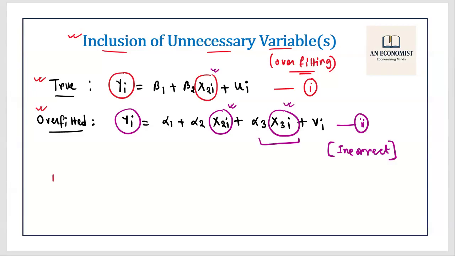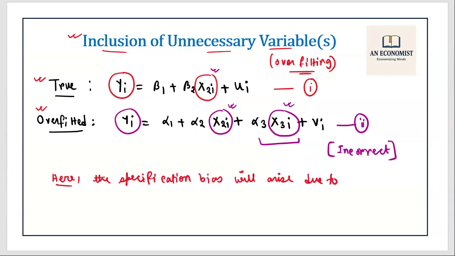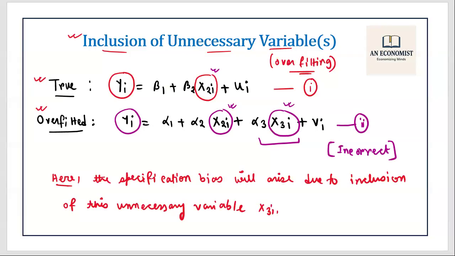So here the specification bias will arise due to inclusion of this unnecessary variable, namely x3i.